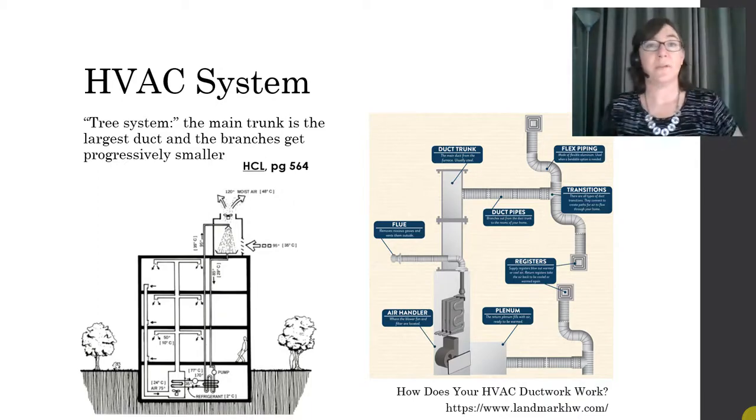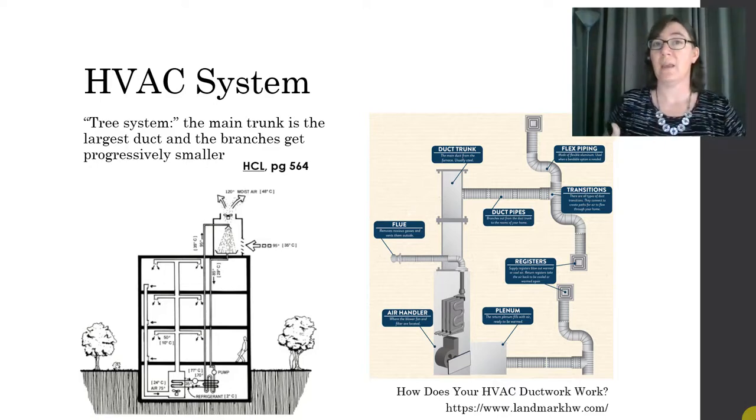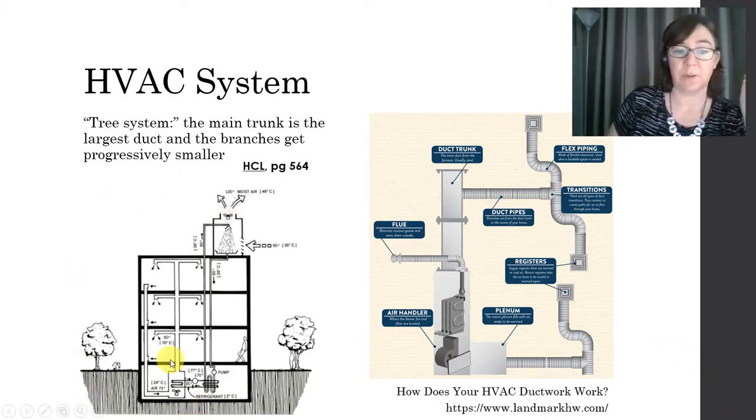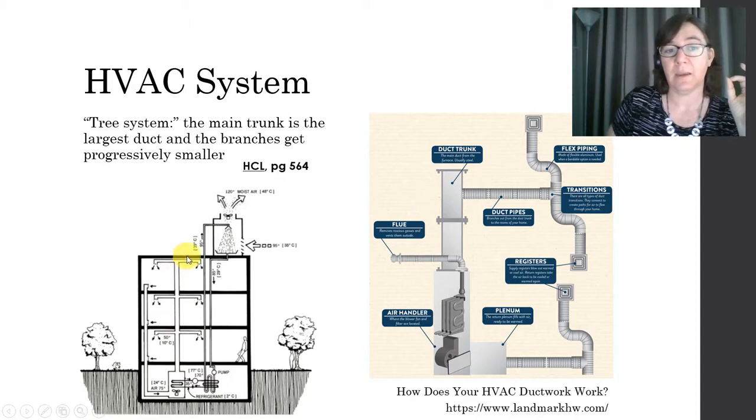When designing your air supply system, it's often compared to a tree with a main trunk and smaller branches. Let's take a look at this illustration from your textbook. You can see the tree shape as we have the main trunk duct, and then individual smaller branch ducts come off of that.